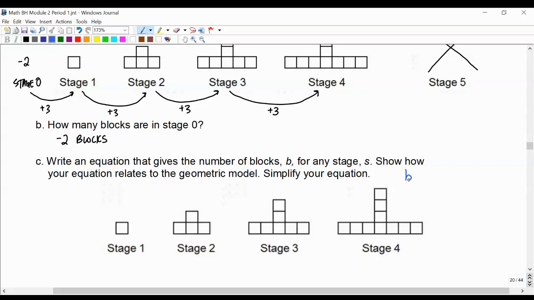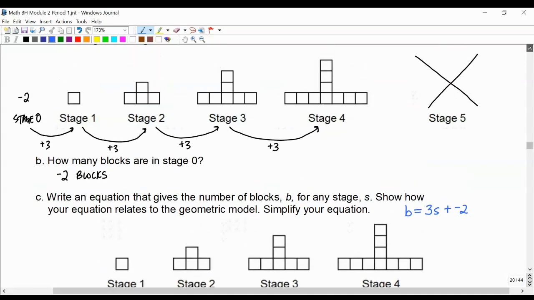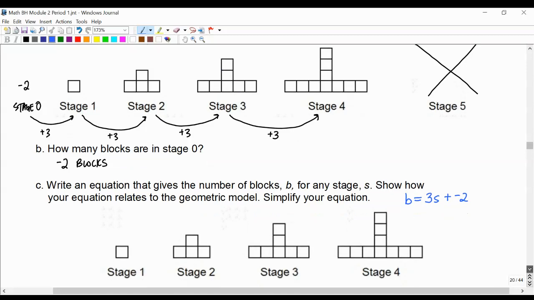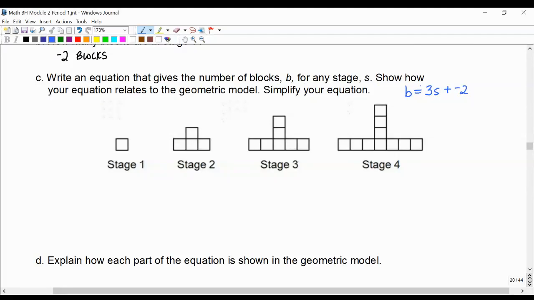We have the equation B equals our rate of change, which is 3, times the stage number, plus stage 0, which is -2. So let's test this. If we were to take stage 3, it has 7 blocks. 3 times 3 is 9, minus 2 is 7. So it checks out.